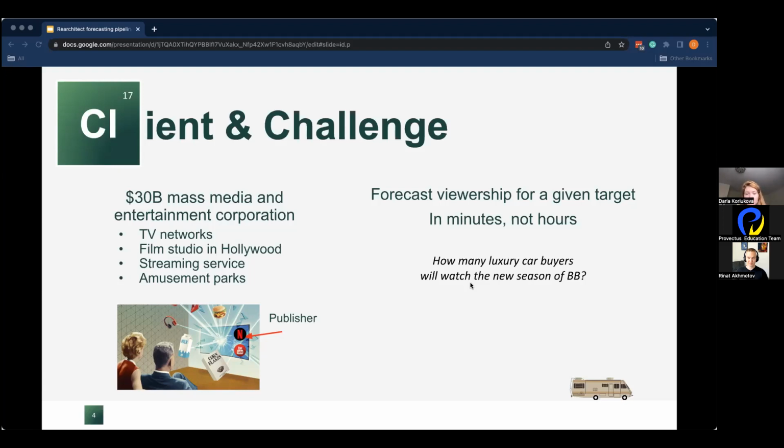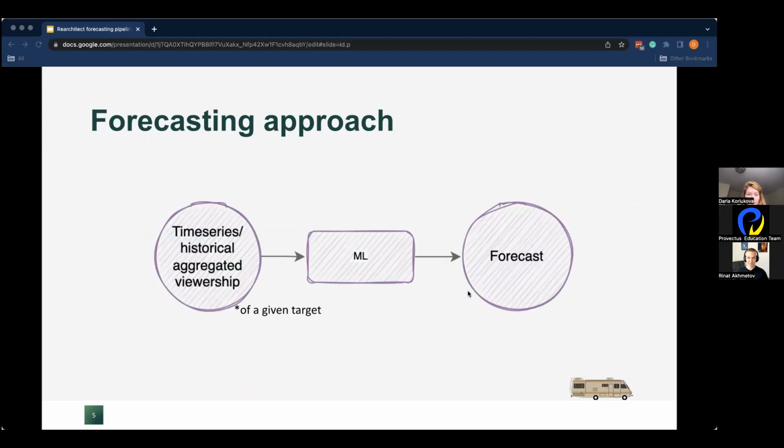But the task was to optimize these forecasting pipelines so that they can run not in hours, but in just a few minutes. Forecasting viewership for a given target may sound very complicated, but basically what we're looking for is an answer: how many luxury car buyers will watch the next season of Breaking Bad? And of course, when we are talking about forecasting solutions, we use an ML model.